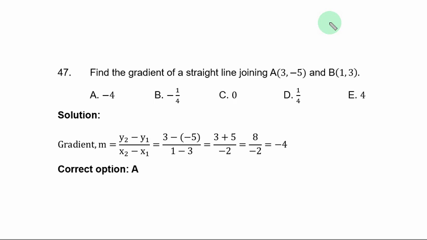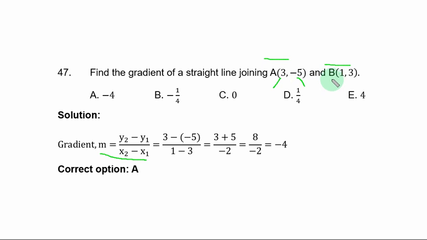Question 47. Find the gradient of a straight line joining points A and B. Gradient is given by this formula. For point A, 3 is x1 and minus 5 is y1.